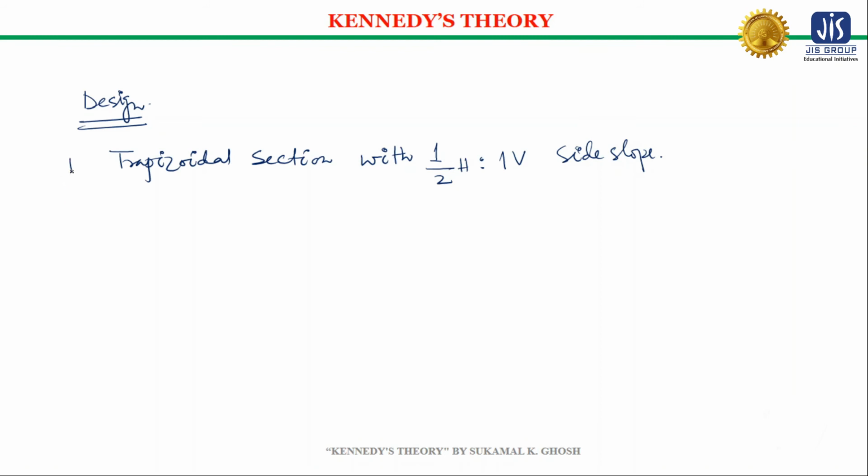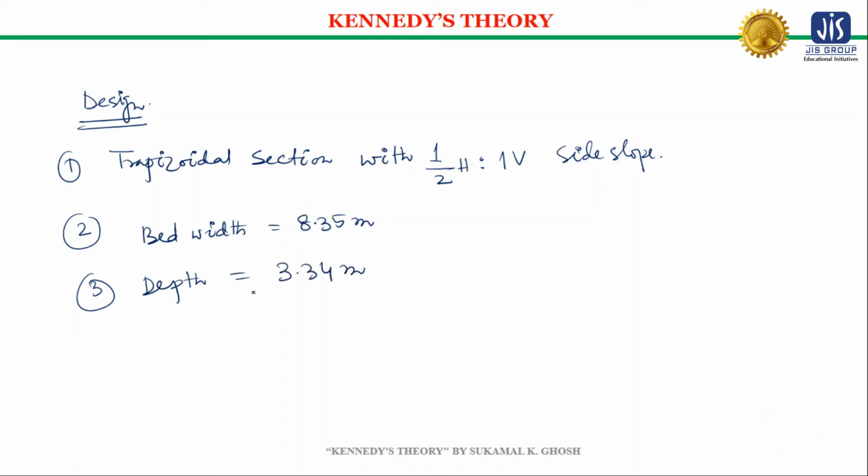Okay, this is one, and second, the bed width is 8.35 meter, the depth is 3.34 meter, and the slope is 1/3700. Okay, so these are the design parameters.